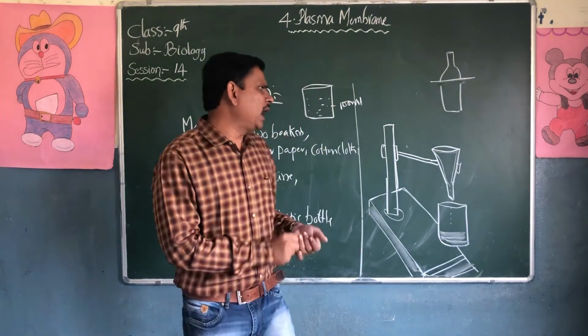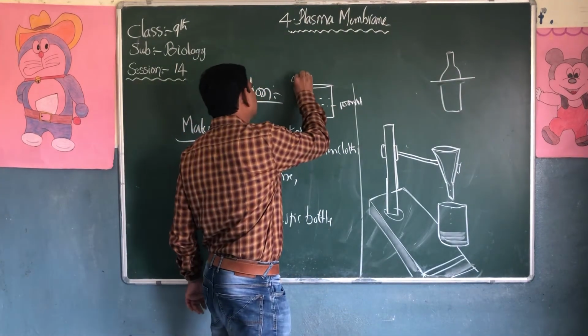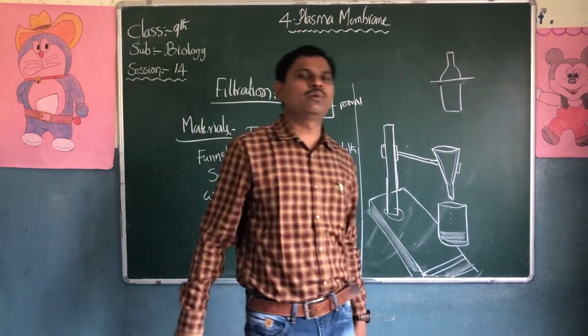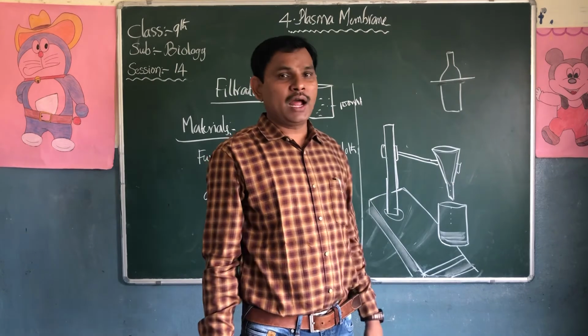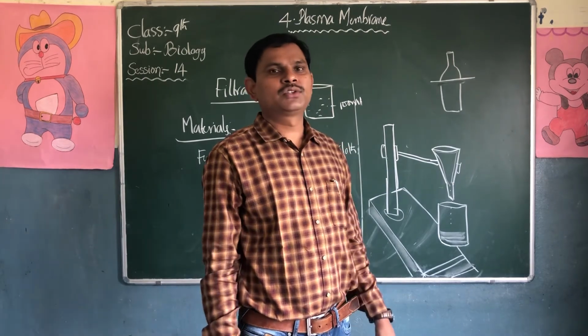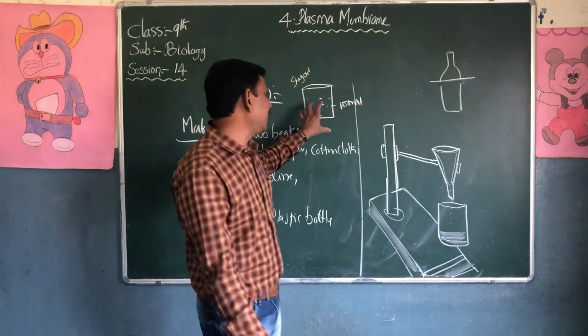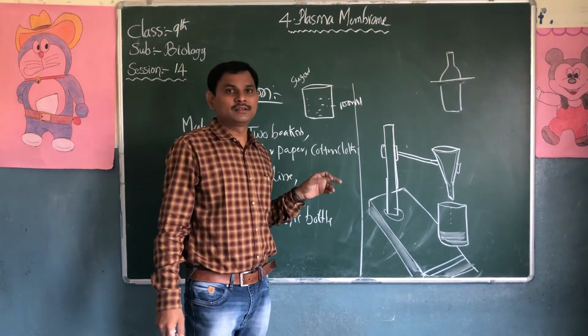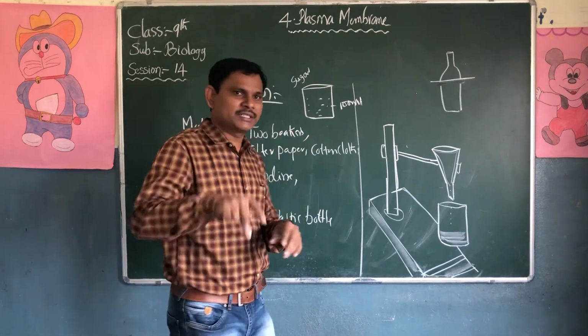And we have to add sugar also, 1 teaspoon of sugar into the water. And we have to add iodine solution also. So this contains 100 ml of water, rice or wheat flour, mix it properly.